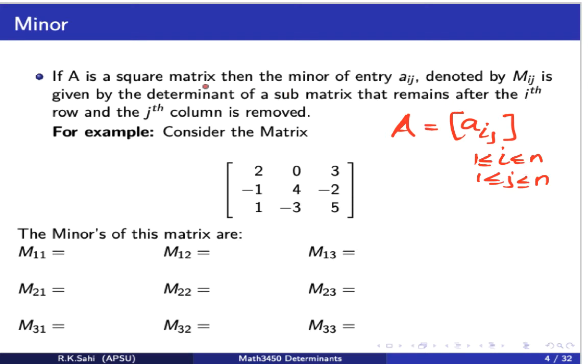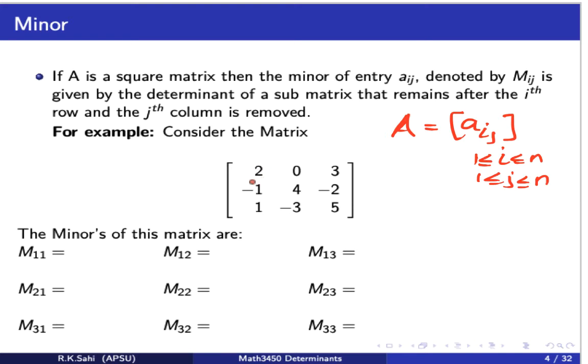When I say the minor of an entry, I'm talking about each entry, like 2, 0, 3, and each one of them is denoted by capital Mij. It is given by the determinant of the submatrix which remains after removing the ith row and the jth column. So let's start with an example to explain it.